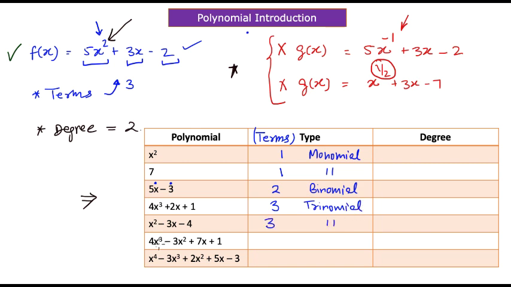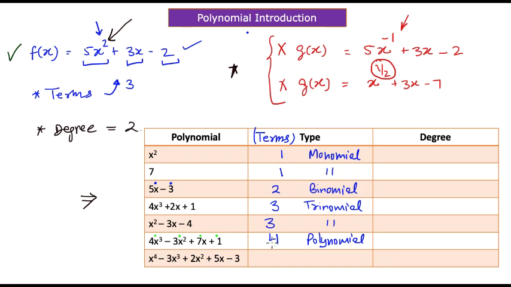Next has four terms. We have 4x cubed, 3x squared, 7x, 1. So we will say that there are four terms, hence we will simply label that as a polynomial. All the polynomials having 1, 2 or 3 terms are given a unique name. One is called a monomial, polynomials with two terms are called binomials, polynomials with three terms are called trinomials.